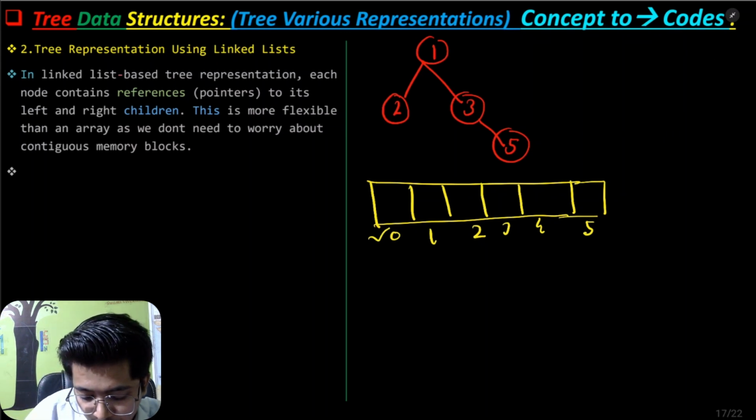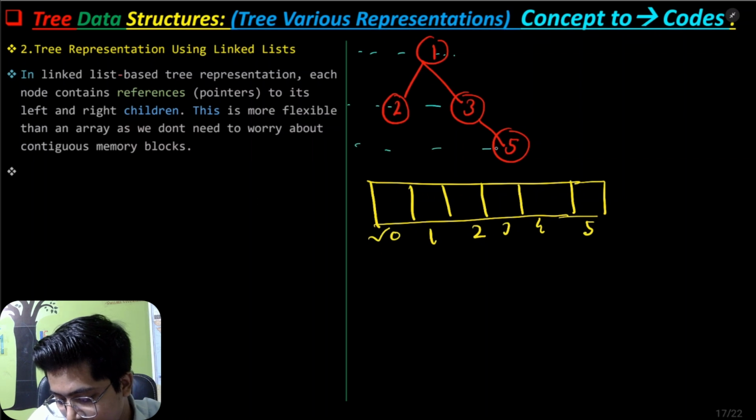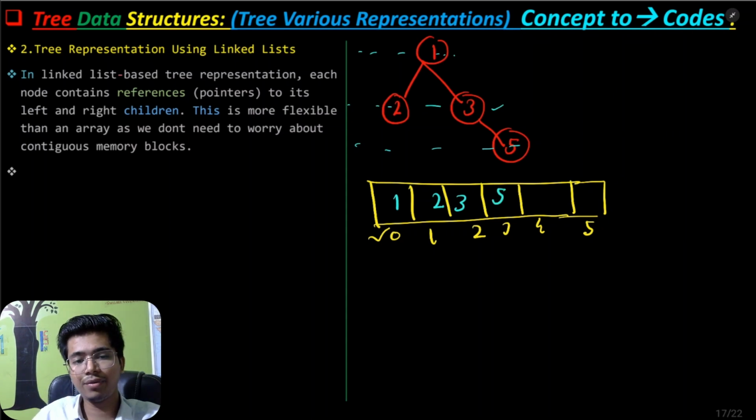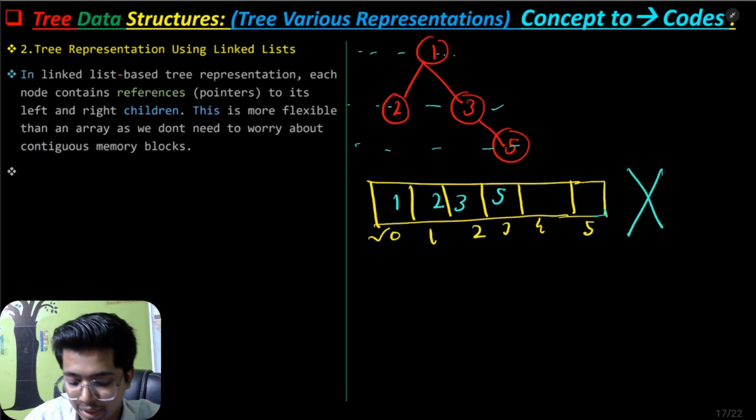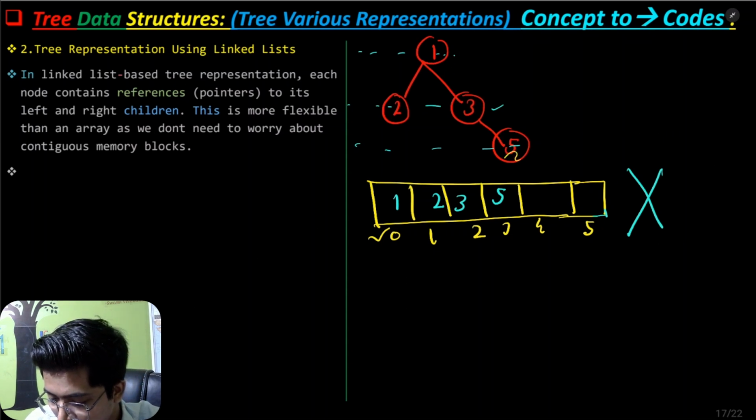If we just substitute level by level, for the 0th level first we insert 1, then at the next level we insert 2, 3, and 4, and then we insert 5. Will it give us the correct value? It will never give us the correct value. Let's see. Here 5 is at the third index.